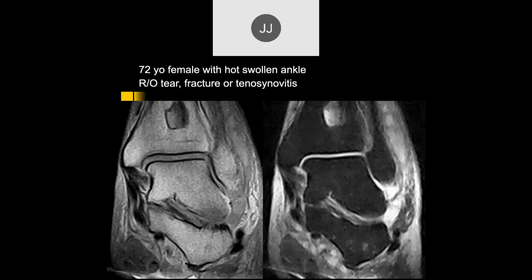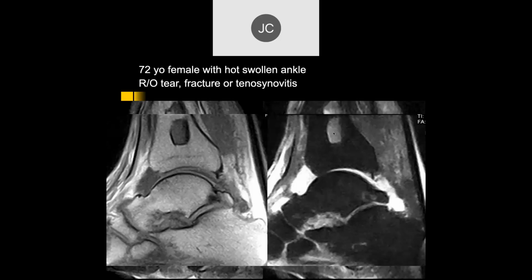Thanks, John. Okay, hot swollen ankle. So it looks like there's some soft tissue edema and irregularity over the lateral malleolus. Is that within the bone, distal tibia? Yeah, effusion. Big effusion.